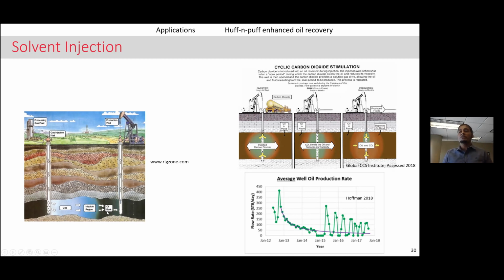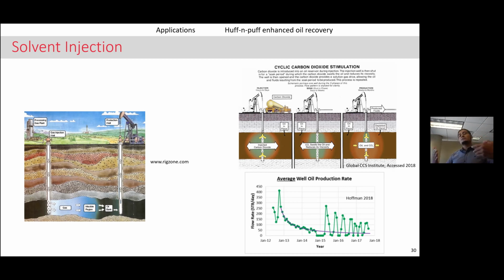In huff and puff recovery, the situation is slightly different. The reason why this continuous injection will not work in shales is because we need to have communication over extremely large distances. And I showed you the shale pores. They're extremely, extremely small. And if you're talking about the permeabilities, you're talking about tens of nanodarcies or at the most hundreds of nanodarcies.